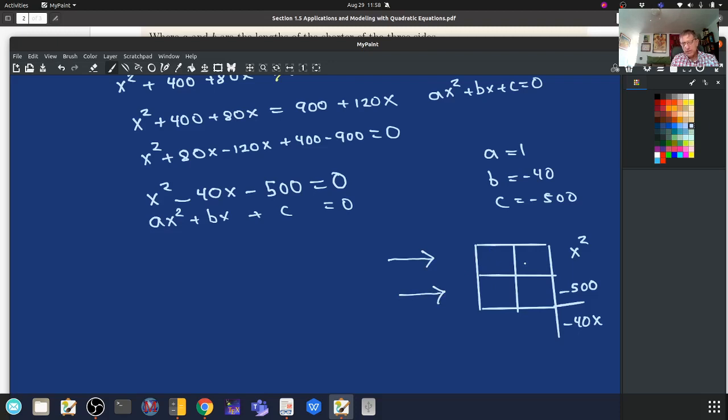I have to fill these two boxes with two values such that this value times this value gives me x squared. So I have to put x in there and x in there. So x times x is x squared. And down here I have to put in two values that when I multiply them together I get minus 500. And the easy choice is minus 50 times 10. So minus 50 times 10 gives me minus 500. Now comes the hard part. Now we have to check.